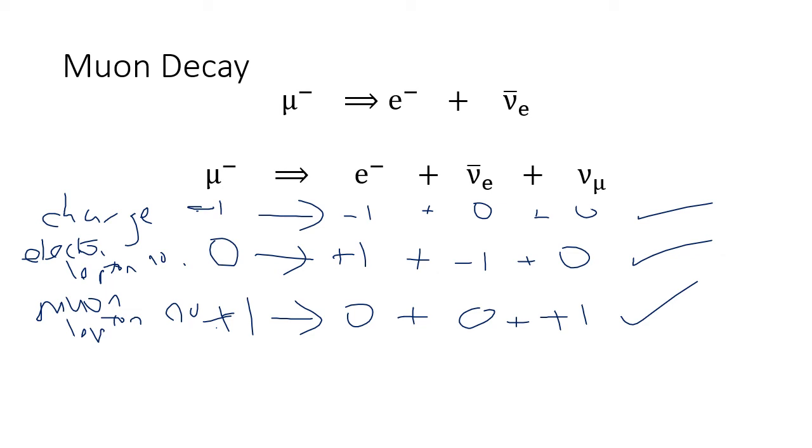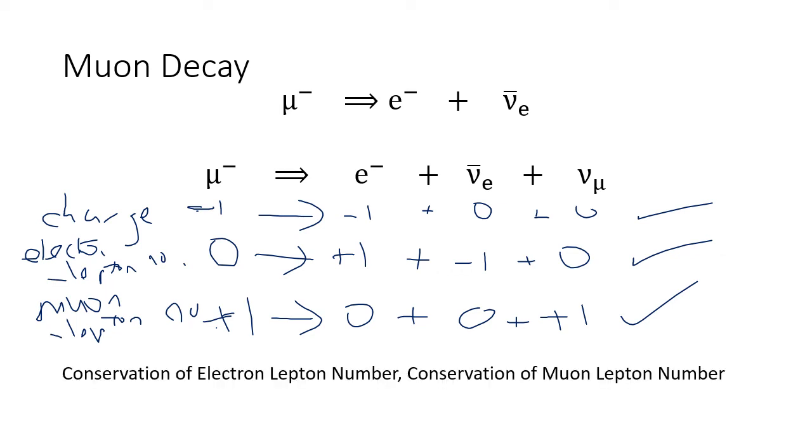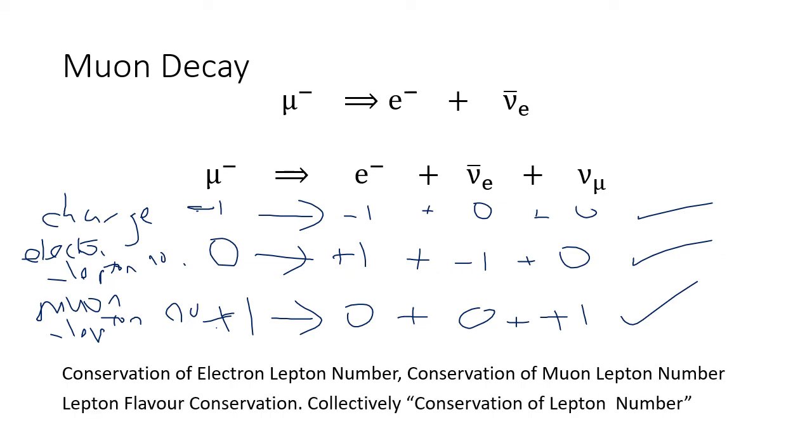So we've got this extra rule. We've now got both flavours of lepton must be conserved. So we have conservation of electron lepton number and we have conservation of muon lepton number. And that's called lepton flavour conservation. But collectively it's just called conservation of lepton number. So when you're answering an exam question and they ask for a conservation rule, you say conservation of lepton number.